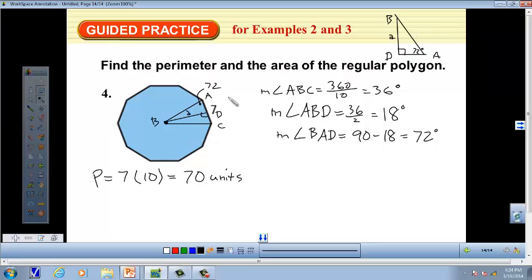Since we know that the whole length is 7, we know this part right here is 3.5 going from A to D. So it looks like tangent this time because opposite over adjacent. So we're going to have to use tangent of 72 degrees. That's going to equal the opposite, which is A, over 3.5. We're going to multiply both sides by 3.5.